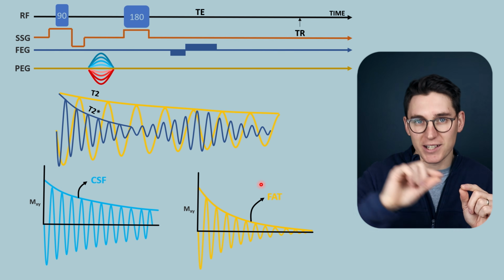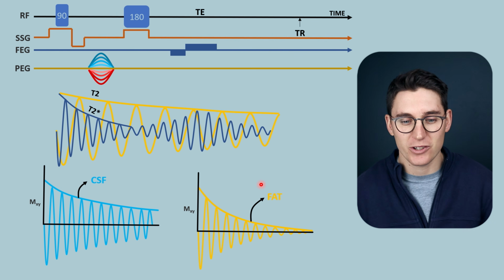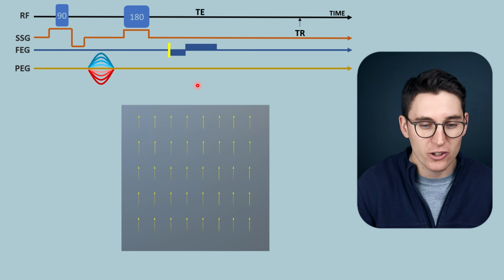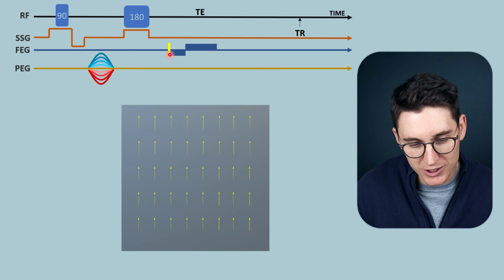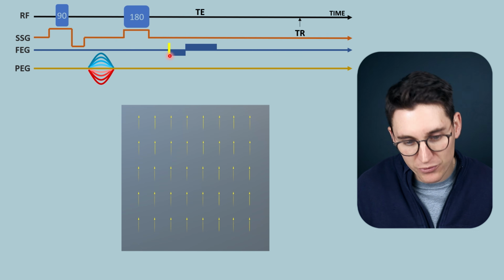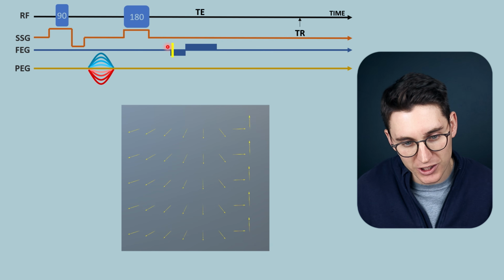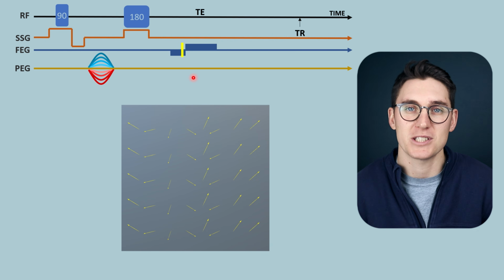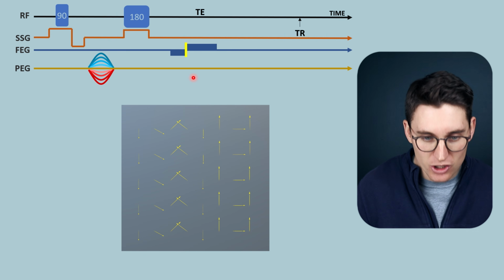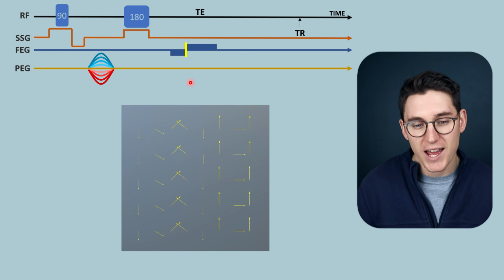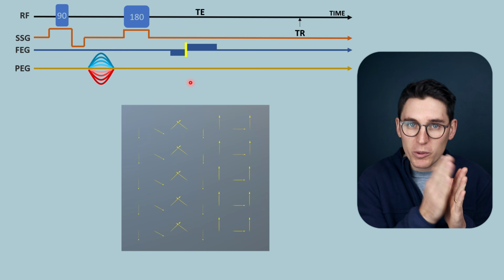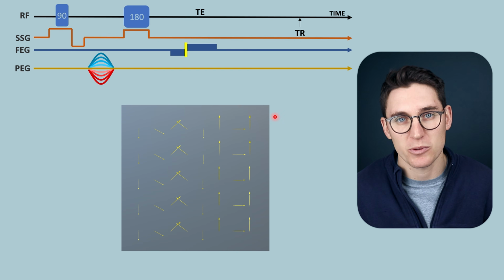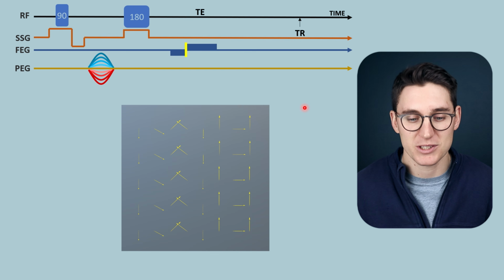Now the second reason we get an increase in signal and a decrease in signal at TE, or when we are sampling the data, is because of the frequency encoding gradient that we use. We first dephase the spins with a frequency encoding gradient in the opposite direction to the one we will apply for frequency encoding. So at the start of our frequency encoding gradient, at the start of data acquisition, when we're filling those points in K-space, these spins will start in different phases with one another because they've got different frequencies.